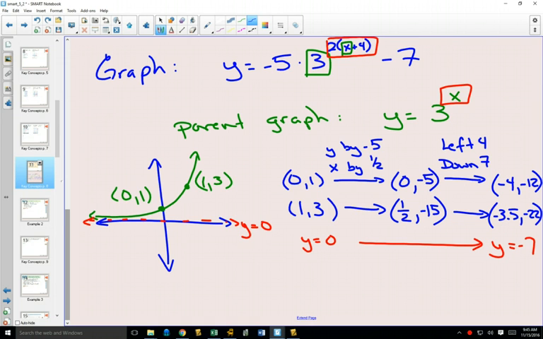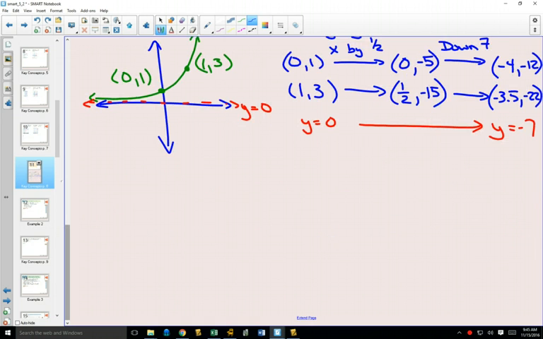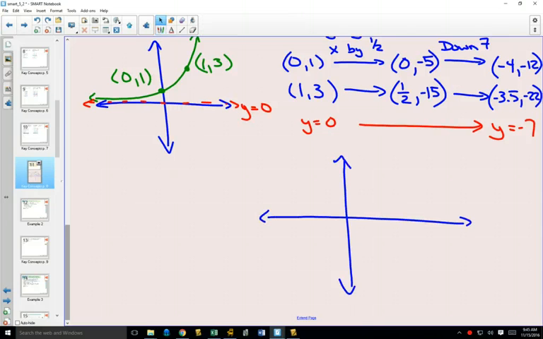And now that we've got all of this information, we can create our graph. The first thing we'd put on our graph is our asymptote. So I've got y = -7 here. Plug in our points.